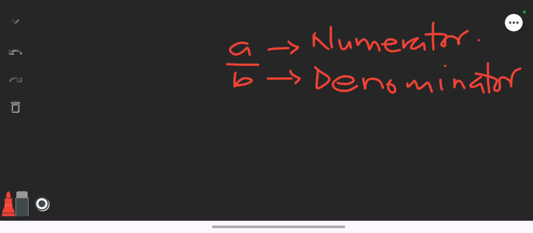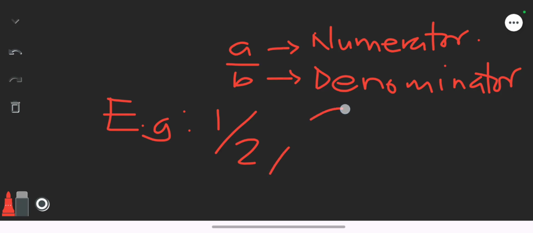A very simple example of a fraction: 1 over 2 is a very simple example of a fraction, and we have 2 over 3, 4 over 5.